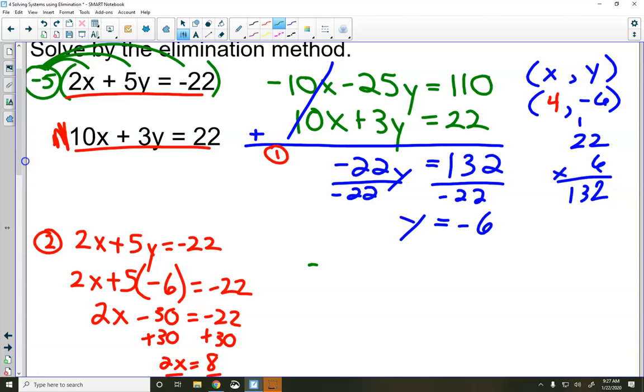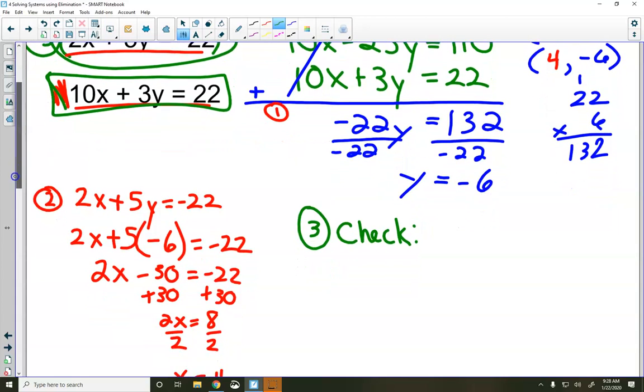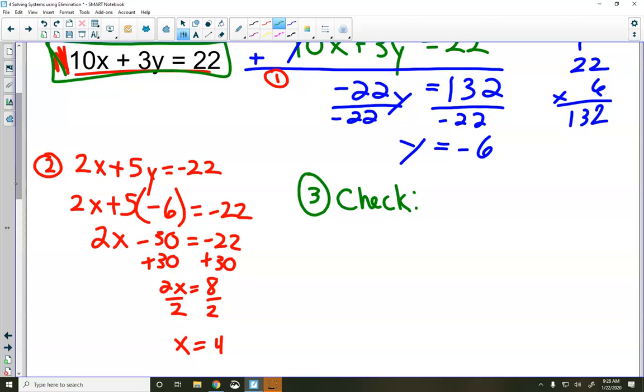All that's left is for us to do our check. Because we used this equation for part 2, we have to use the second equation for part 3 for our check. So we're taking 10x plus 3y and setting it equal to 22. We're going to substitute our variables in.